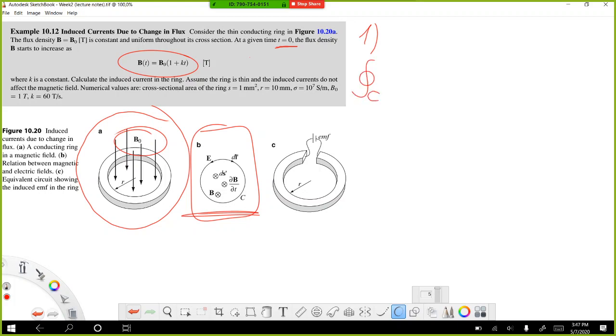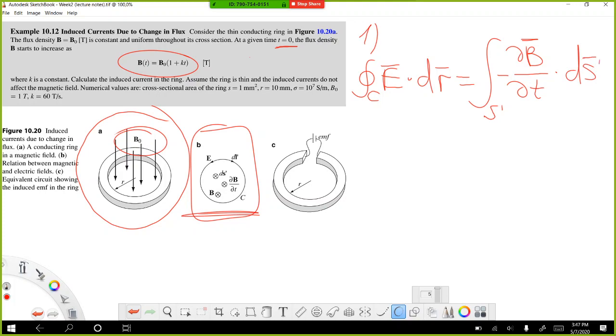So integral over the closed path C of E multiplied by dr equals the integral over the surface S of minus dB over dt multiplied by ds, where S, or S prime in this case, is the surface defined by the circular ring, and C is the circumference of the ring.